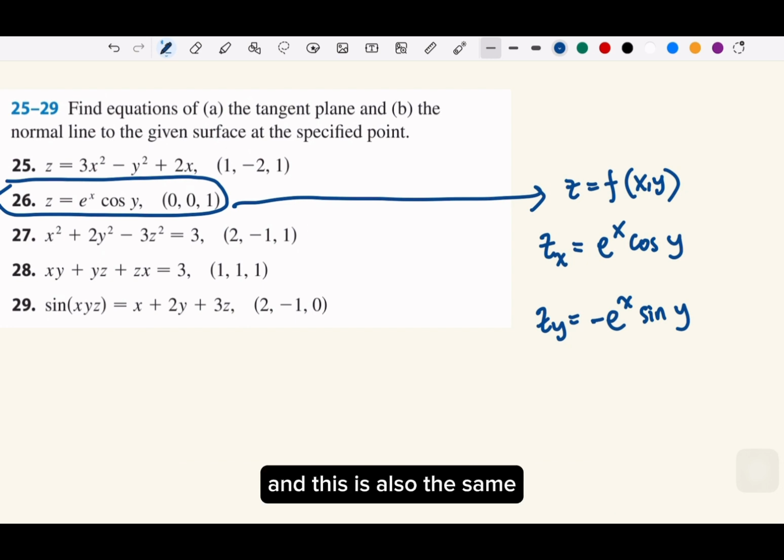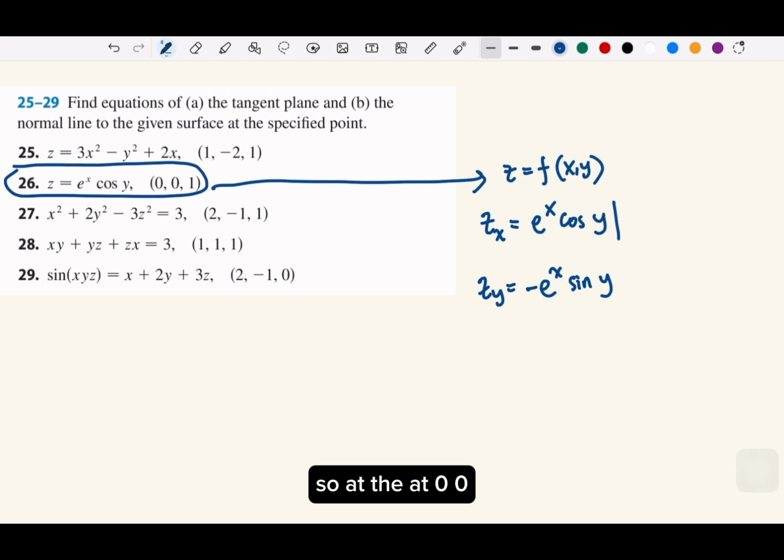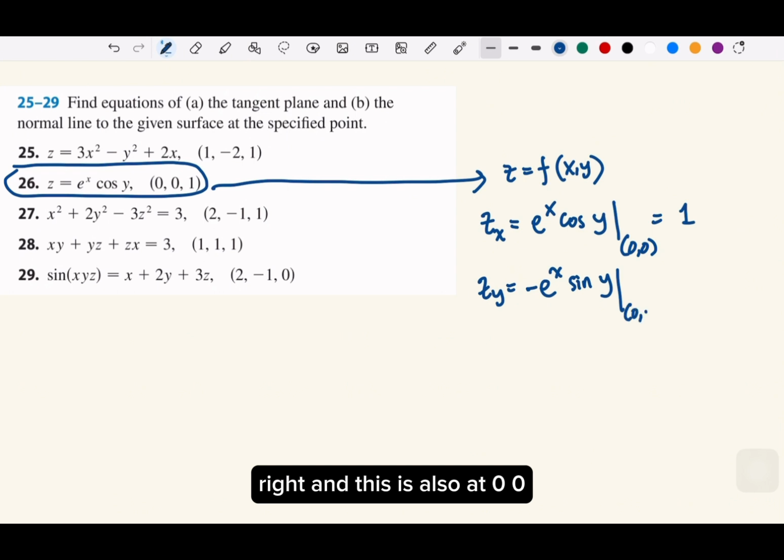And this is also the same. Let's compute that as a number, as a value. So at 0, 0, this will be 1, right? And this is also at 0, 0. This will be 0.